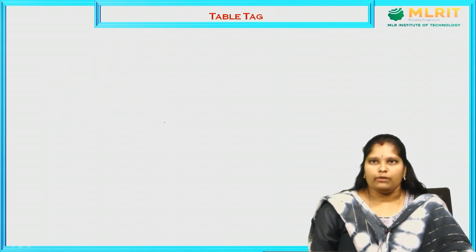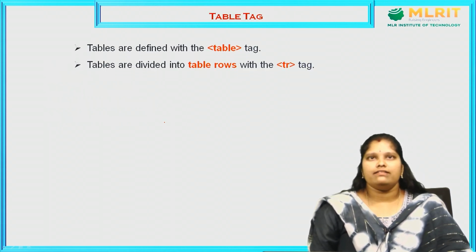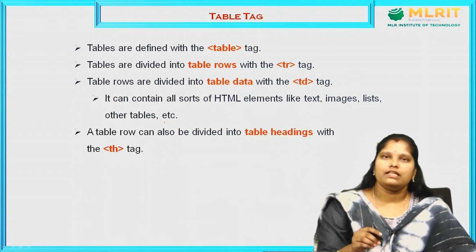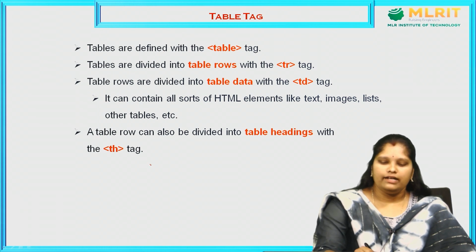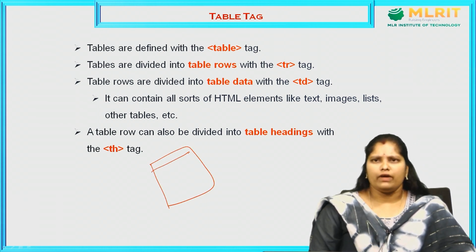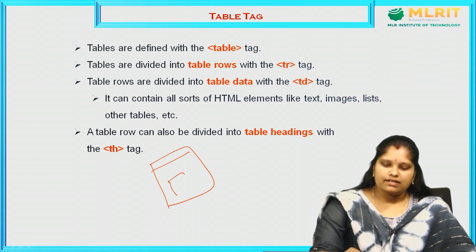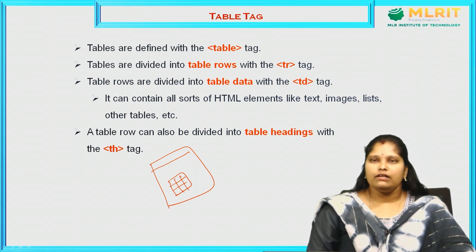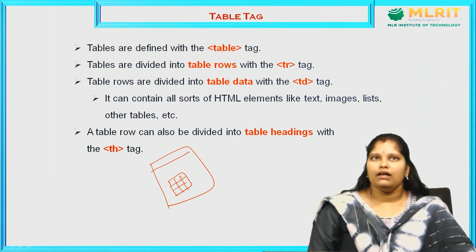Coming to table tag. What is table? If you want to insert any table in the web page, you have to use this table tag, right? This is my web page. This is my HTML or any web page, right? I want to insert a certain table here with some rows and some columns, right? For that, we need to use the table tag.